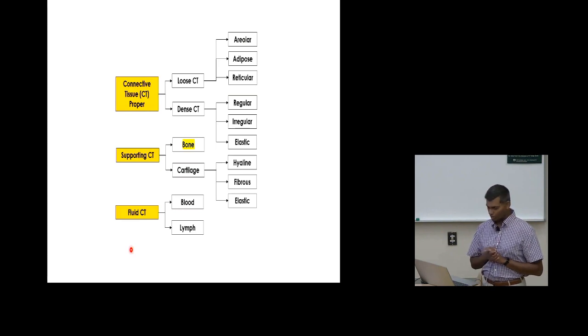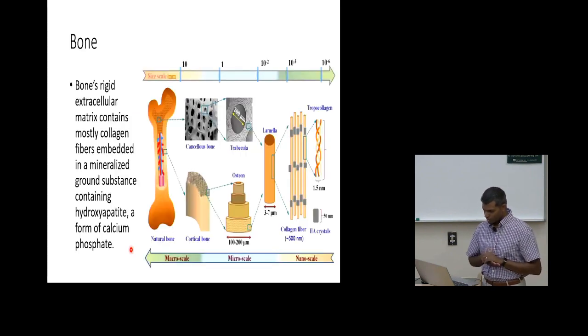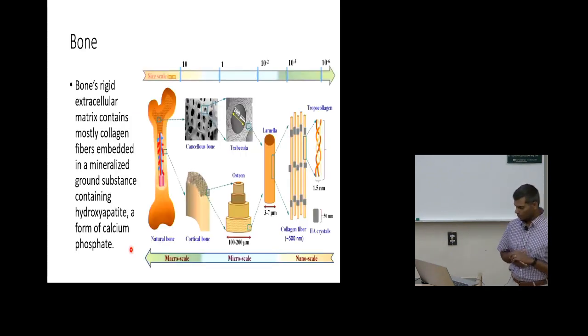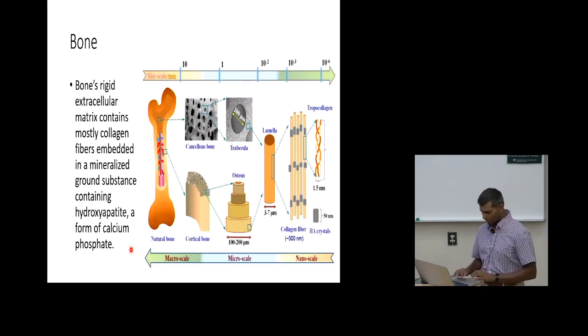And then we move on to bones. The bone structure can be divided into two parts. You have the cancellous or spongy bone, which is towards the ends of the long bones, and the compact bone, which is in the middle.